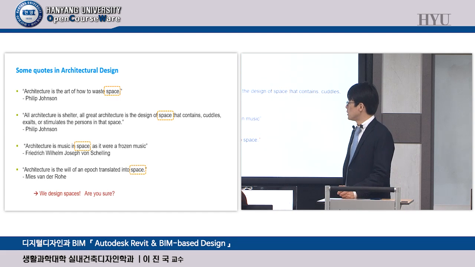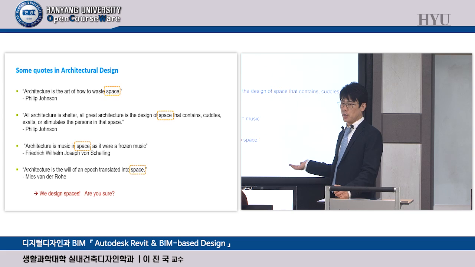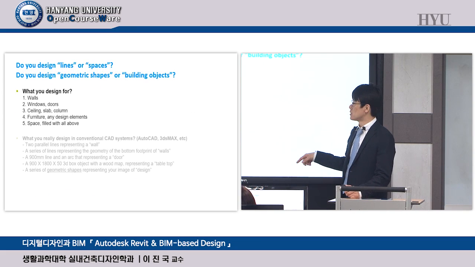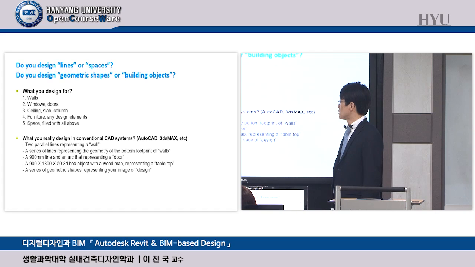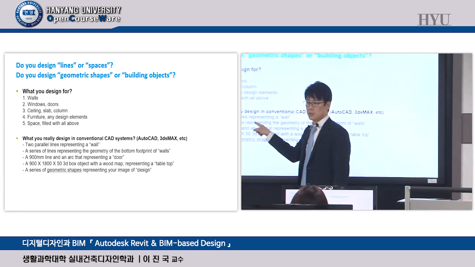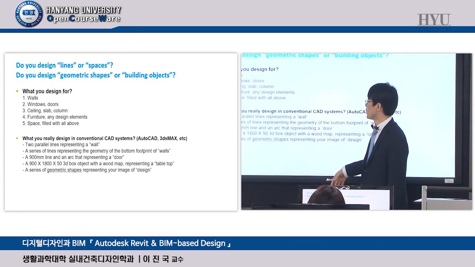But actually we design space, but we do not design space, okay? For designing space, we need to make boundaries. In other words, in conventional CAD systems, two parallel lines for a wall object, actually not a wall object, a wall drawing, okay?